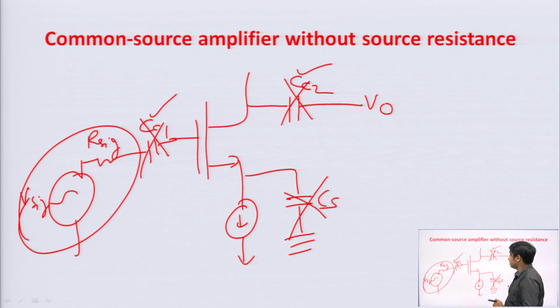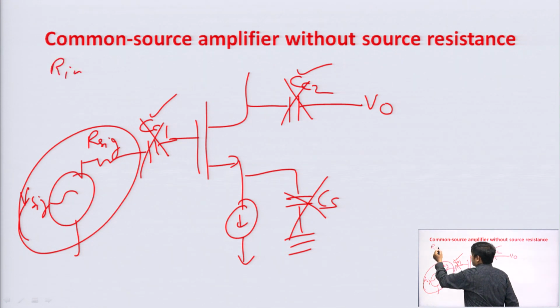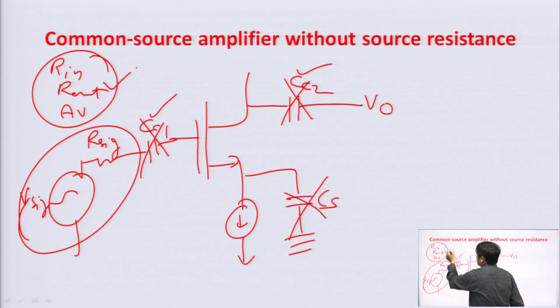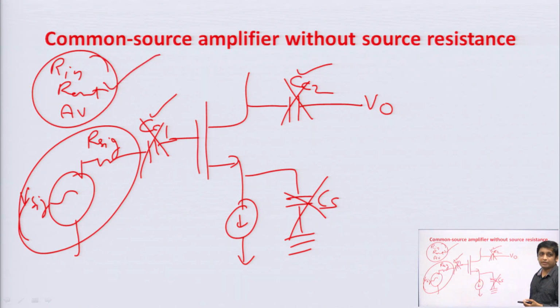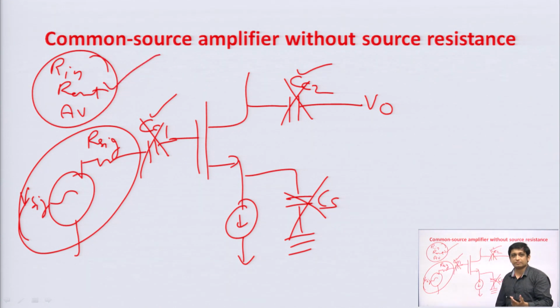And one more thing, since we are going to do the small signal analysis, why are we doing it? Just to calculate the different parameters like input resistance, output resistance and voltage gain. To calculate these parameters we need to perform the small signal analysis.